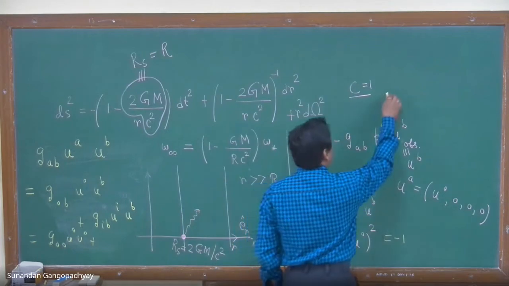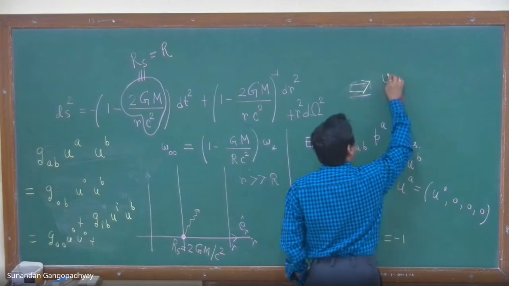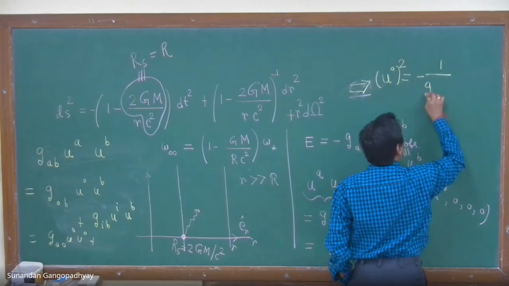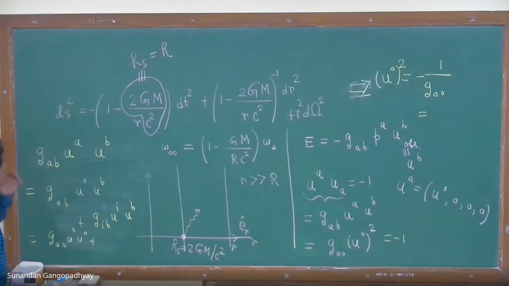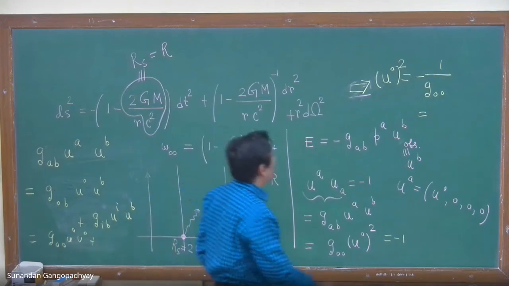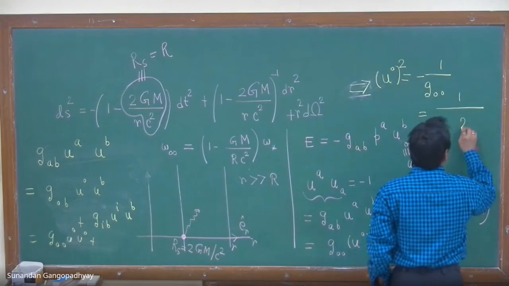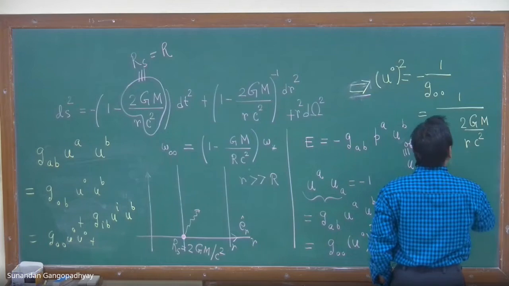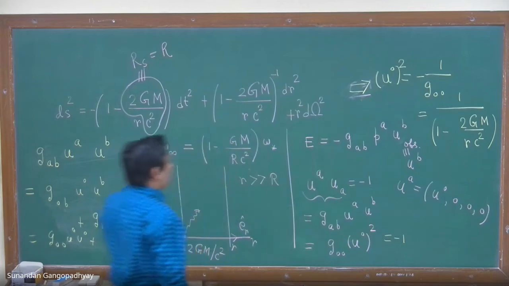This would imply that U0 squared is equal to -1 by G00. And what is that? G00 is this thing with the minus sign. So you will get 1 divided by 1 minus. Okay?